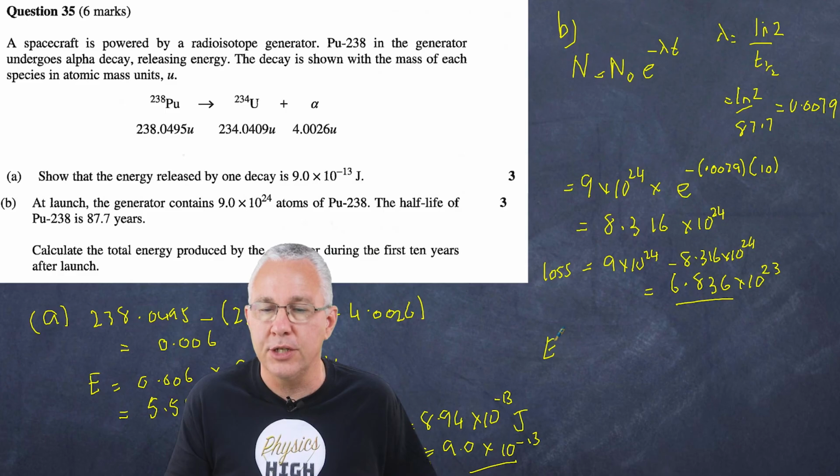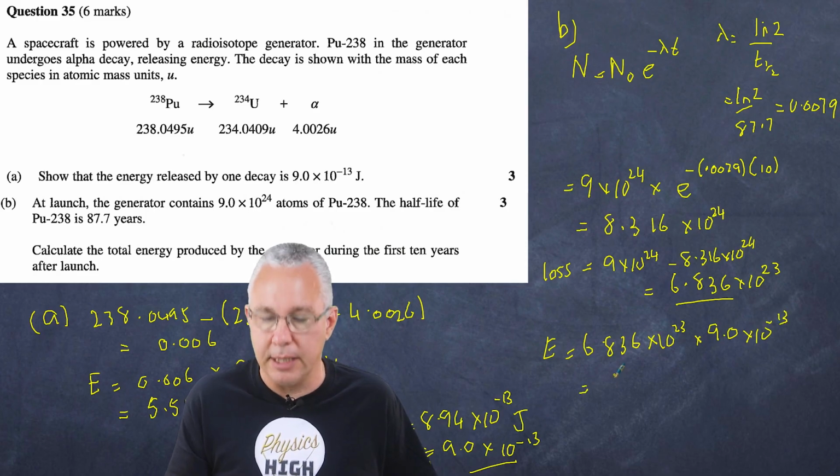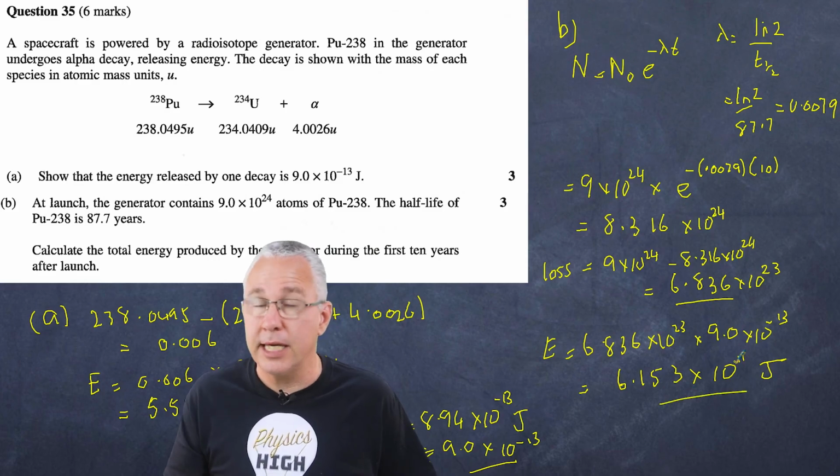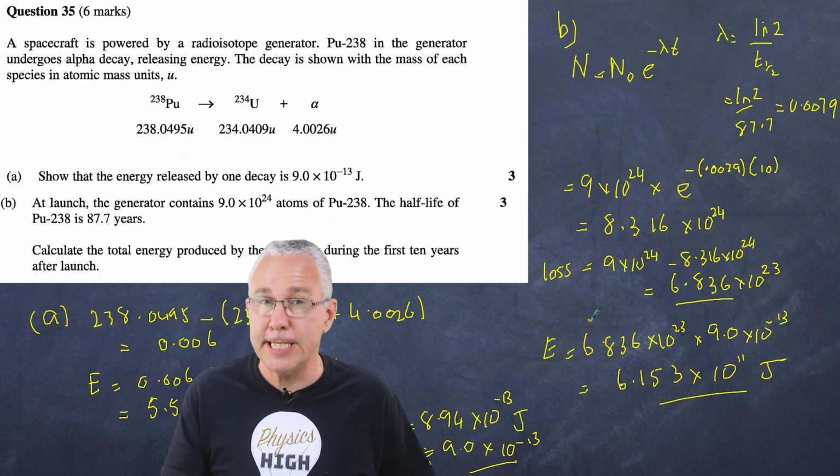So the total energy will be equal to 6.836 times 10 to the power of 23. We multiply this by our 9.0 times 10 to the power of negative 13, and the total energy ends up being 6.153 times 10 to the power of 11 joules. And that's the energy produced in the first 10 years.